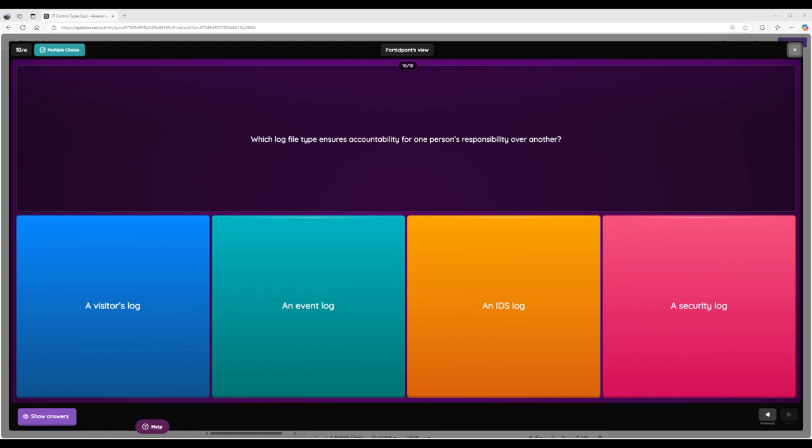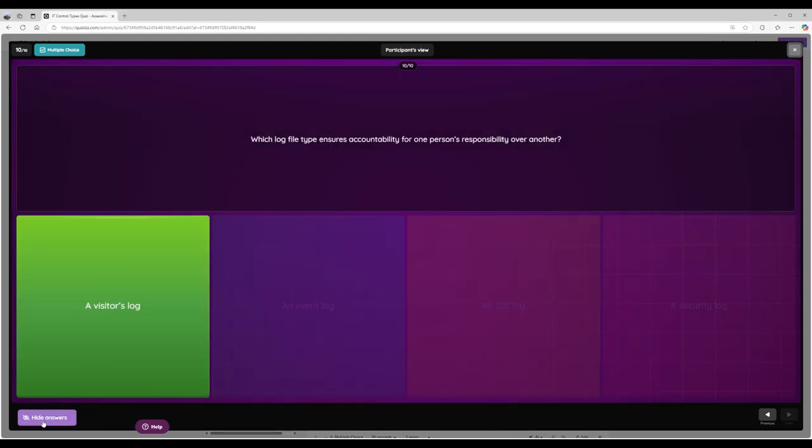If it's a receptionist that signs you in and takes you over to meet another person, once the receptionist hands you over, then you become the responsibility of the other person. Let's look for the answer. Okay. It's the visitor's log.